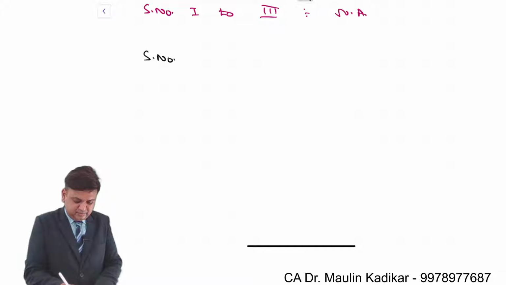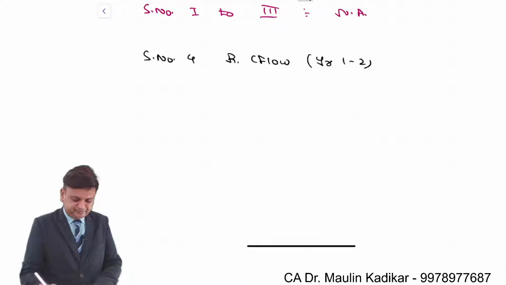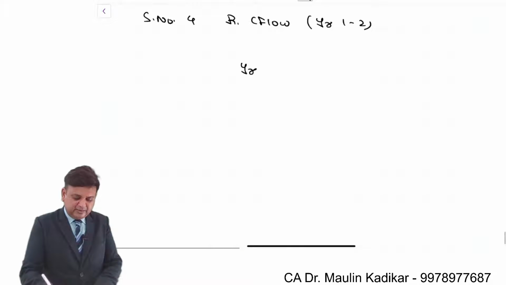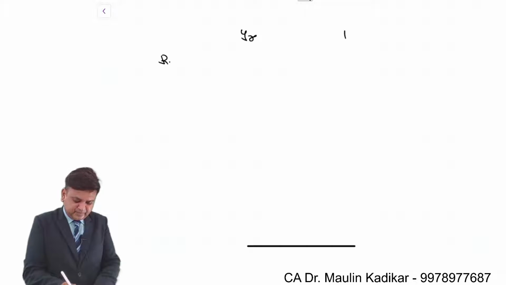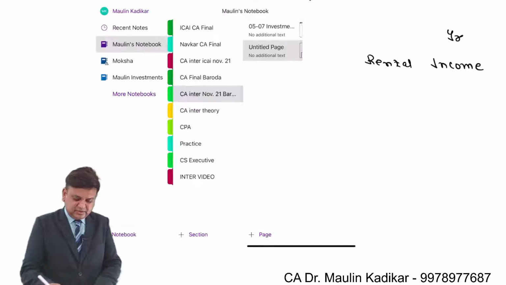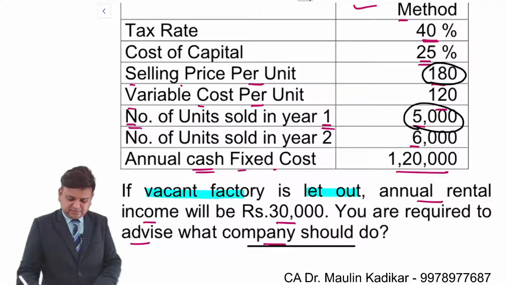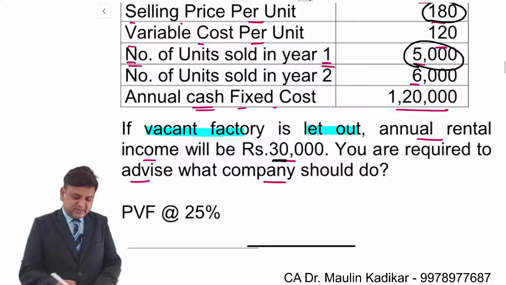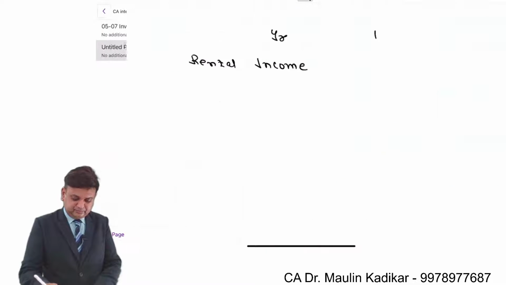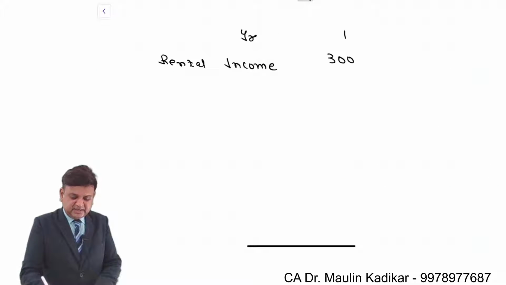Step number 4, recurring cash flow. Again for year 1 and year 2. I am doing it only for the first year, I am not doing it for the second year. There will be rental income that we will receive. What is the rental income that we are going to receive? It is an amount of rupees 30,000. Are there any expenses?